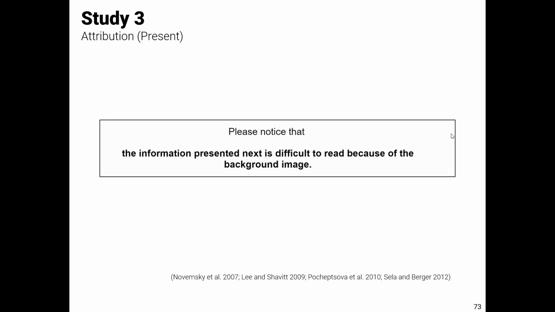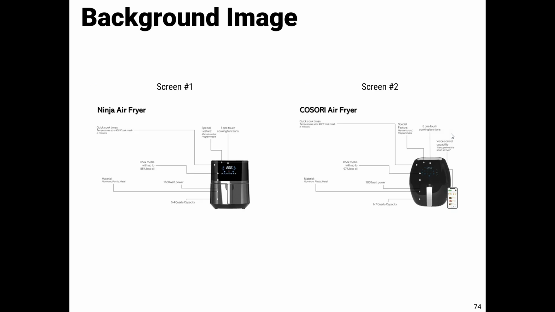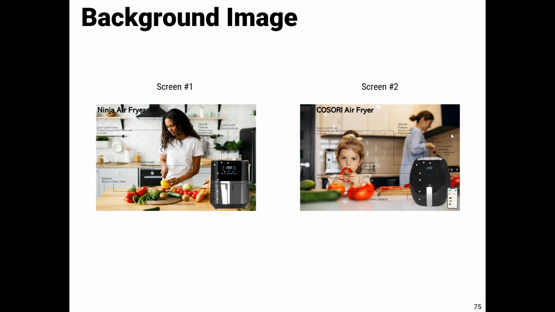So we told participants that the information presented next is difficult to read because of the background image. And as you can see on this screen, in the fluent condition, people saw some information about two fryers on white background, and the same information presented by adding a background image.